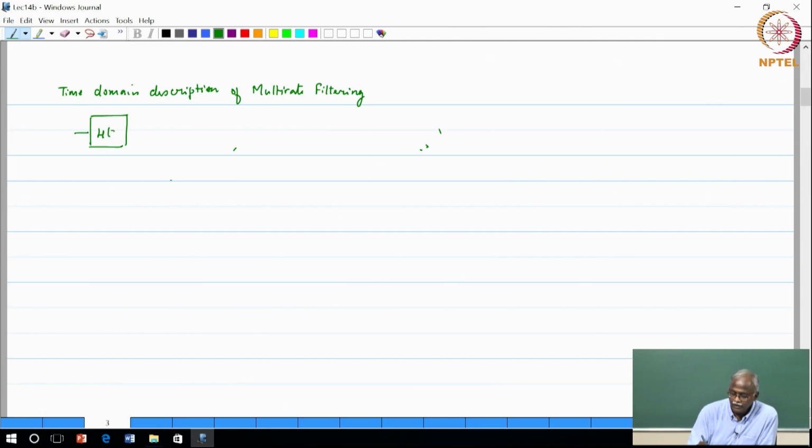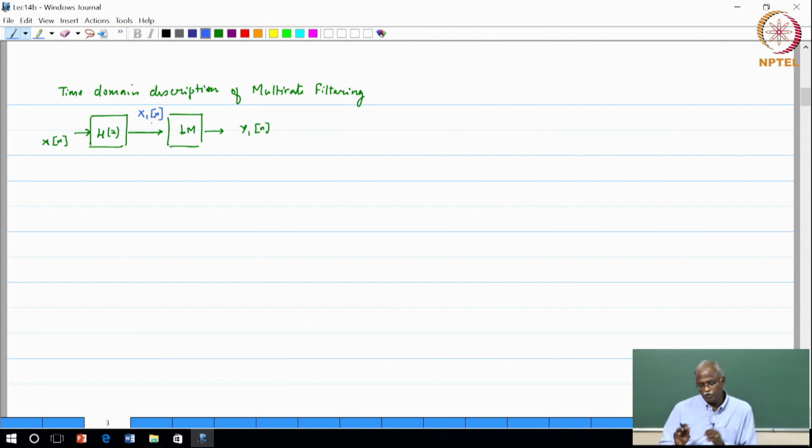I have H of Z, my input is x of n, followed by the downsampling by a factor of m, and I write down the output. I call this y1 of n, and have one intermediate signal, which is helpful for me to get an expression, let me call that x1 of n.